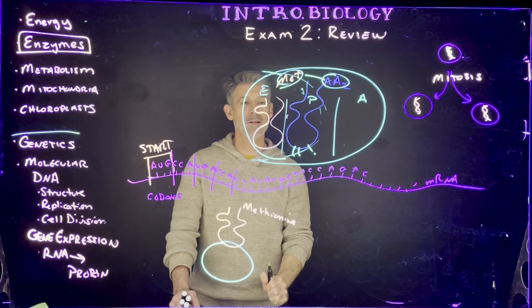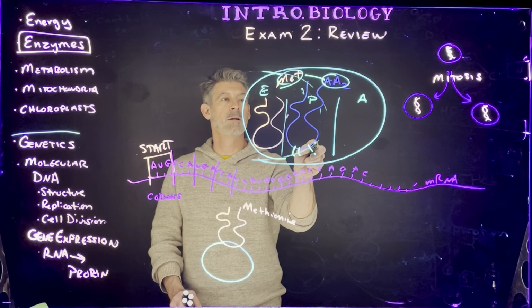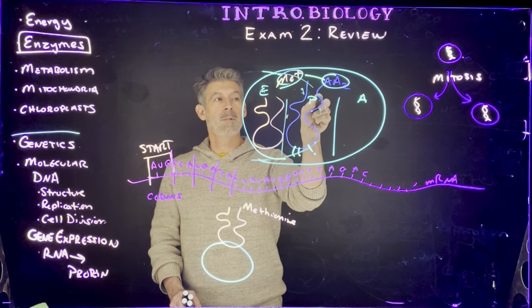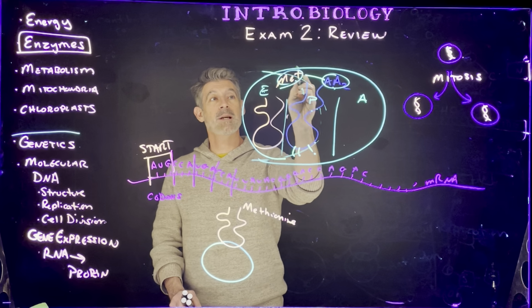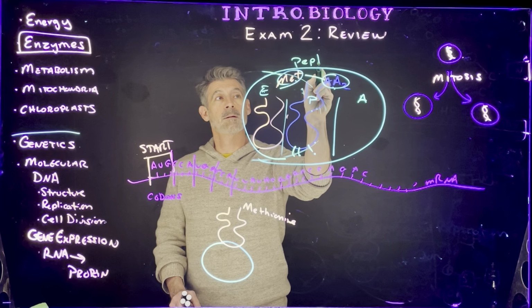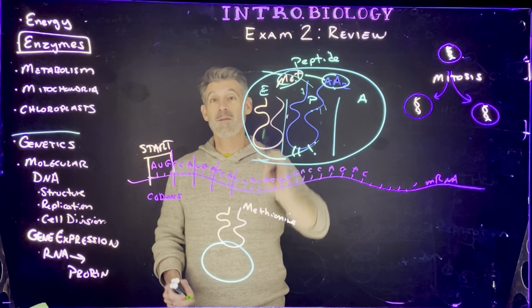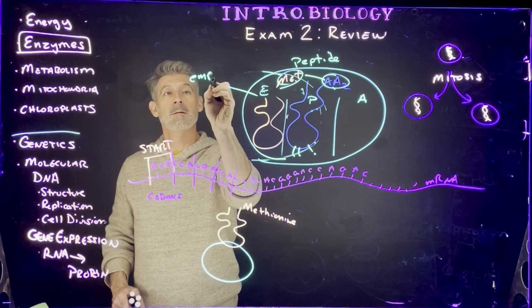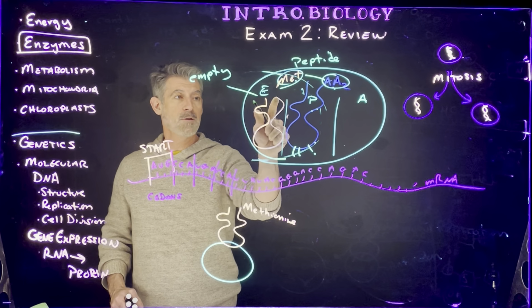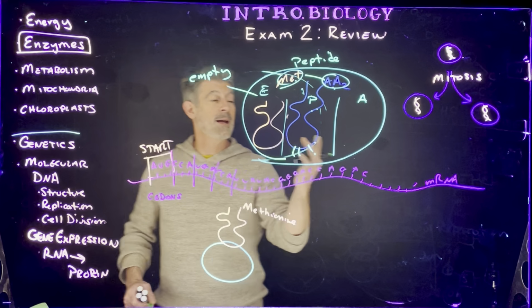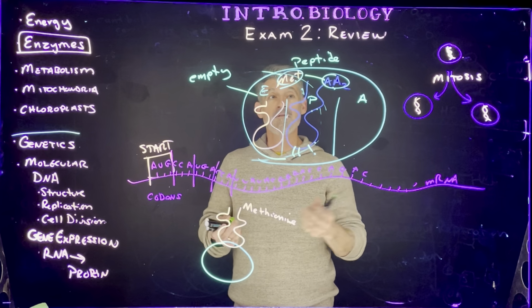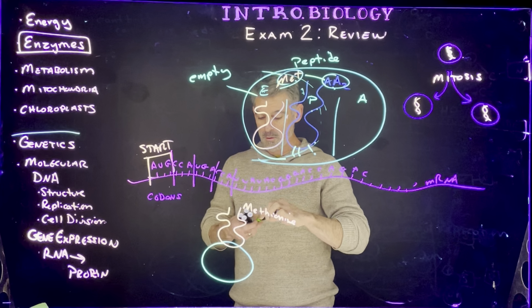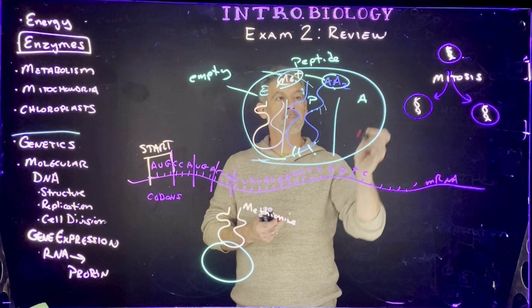So what you'll have is in the P site, a transfer RNA with a peptide, a chain of amino acids. The E site will be empty transfer RNA. There's no amino acid attached to it. And the A site is available and open for a new transfer RNA to come in.